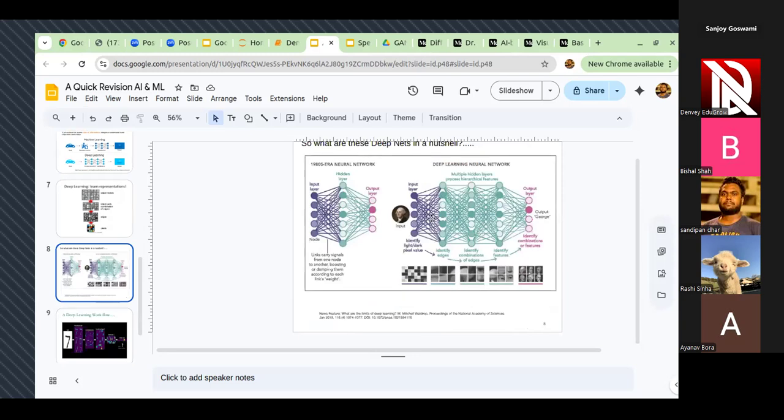And this is the basic difference between a neural network and a deep convolutional neural network. So the right hand side is not basically a deep convolutional neural network, it's just a deep neural network. The left hand side has one input layer, one output layer, and just in between there's one hidden layer.